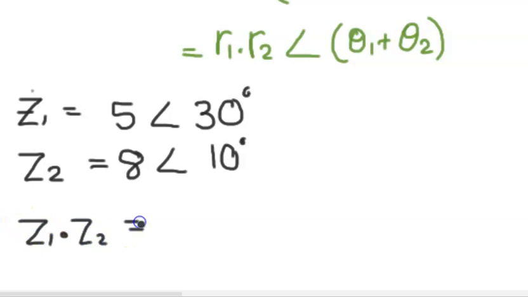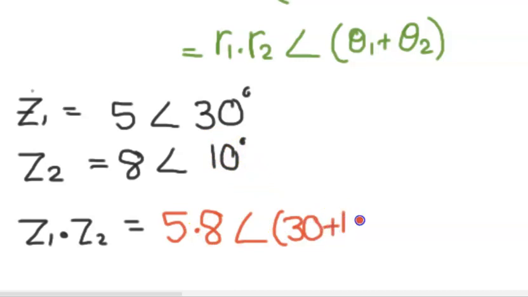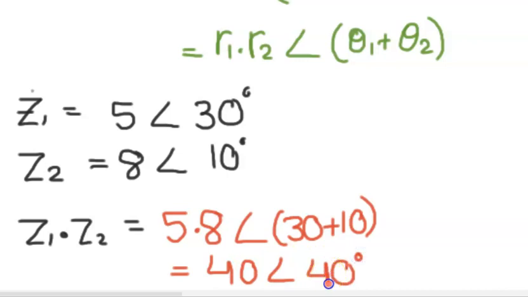Very simple. You multiply these two together, so you do 5 times 8 angle, and that dot is a times, not a decimal. Then you add 30 plus 10. So the answer is going to be 40 angle 40, because 30 plus 10 is 40 and 8 times 5 is 40. This is a times, by the way, if I just put a cross.